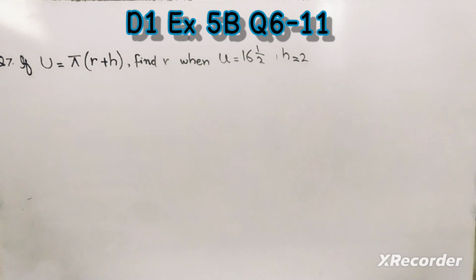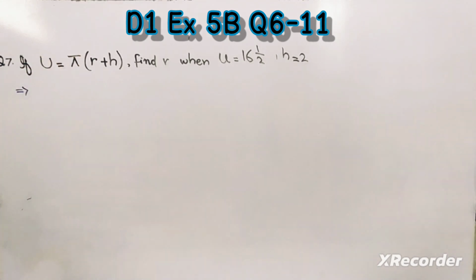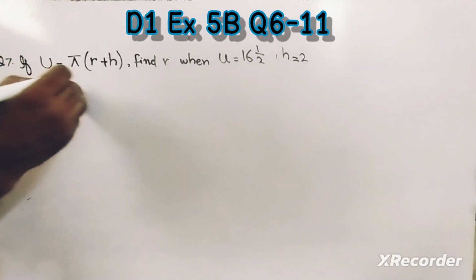Now coming to question number 7. If u is equal to pi bracket r plus h, then find the value of r when u is given as 16 and a half and h is equal to 2. Let's start. Like the previous question, we have to manipulate this formula according to r, like that.